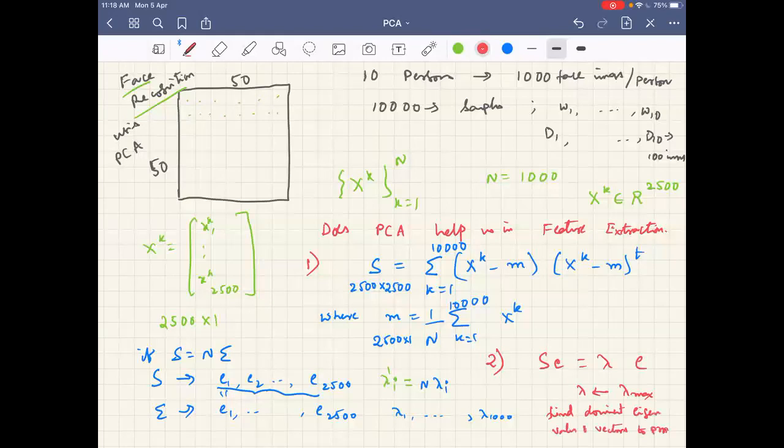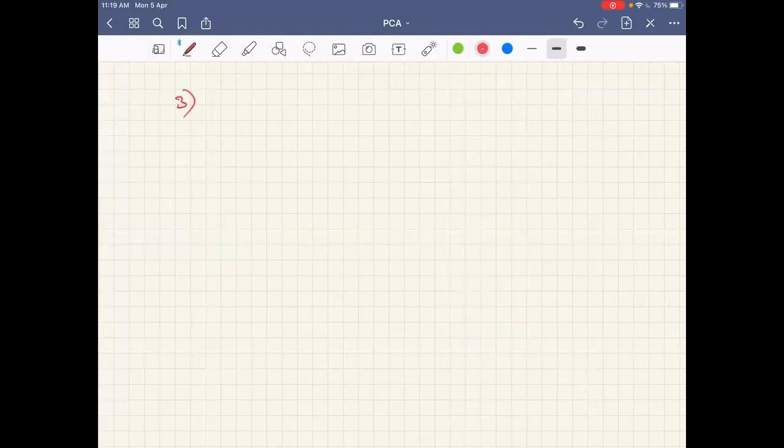What is the third step? In this second step, you got S e equal to lambda e. What is the dimension of these eigenvectors? Let us assume from here we get E1, E2, up to E10. These are the dominant or principal eigenvectors. What do we mean by principal eigenvectors?